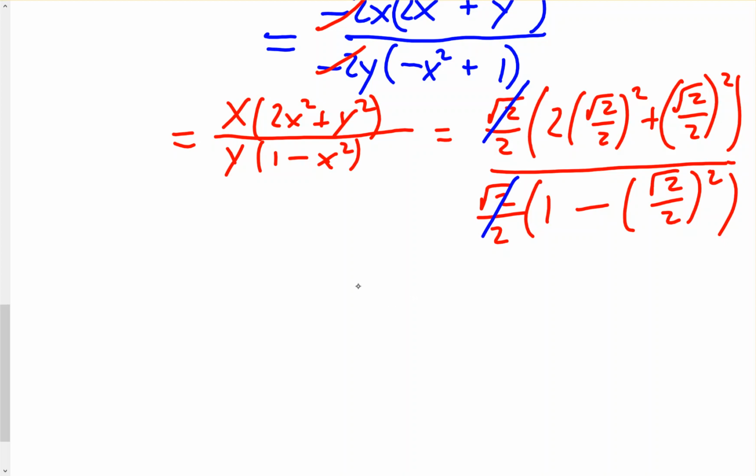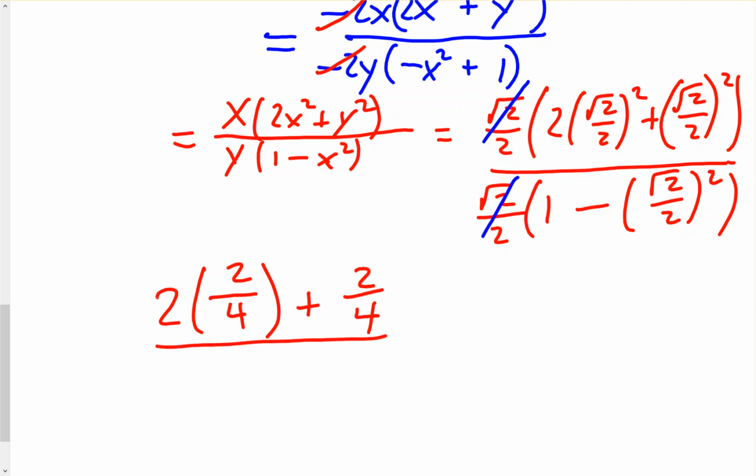On top we have 2, and then square root 2 times square root 2 is 2, and in your denominator 2 squared is 4, plus same thing there, 2 over 4, and then the bottom, 1 minus, same thing there, 2 over 4.